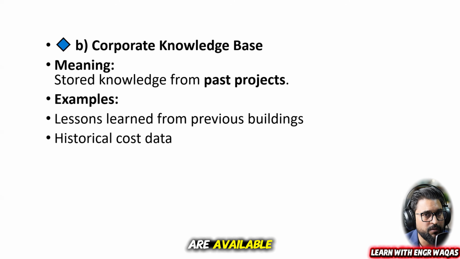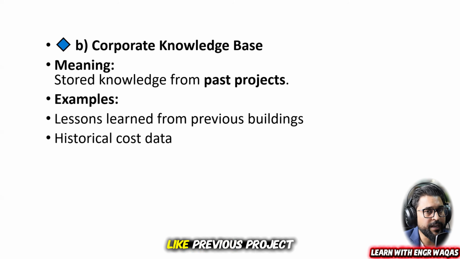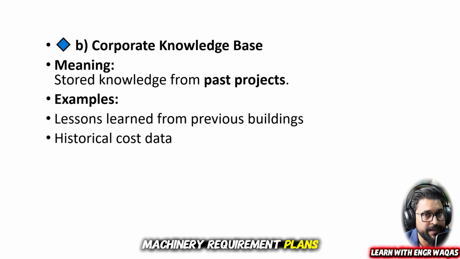And if you have this facility of OPA, organizational process assets, within the special context of corporate knowledge as lessons learned, like previous project data, their cash flows, labor man-hour requirements, non-labor or machinery requirement plans, material requirement plans, their templates.